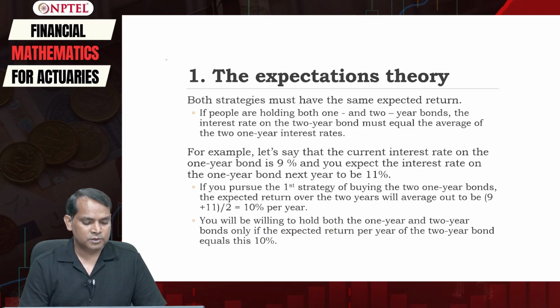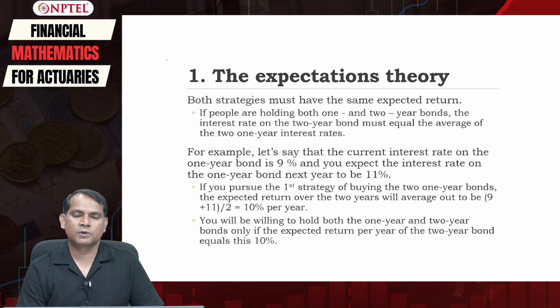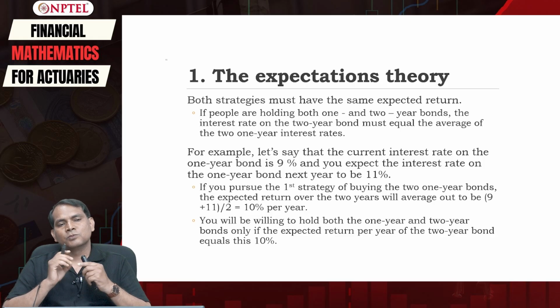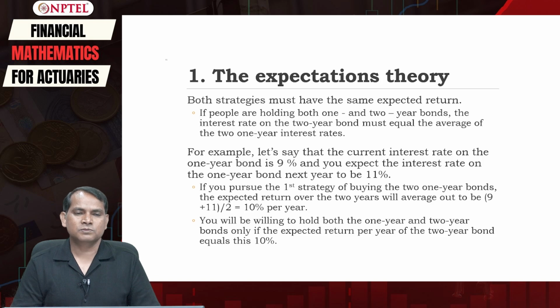So you will be willing to hold both the 1-year and 2-year bonds only if the expected return per year of the 2-year bond equals this 10%. So only if the two types of bonds give you the same expected return will you be indifferent between holding them. Otherwise, you will choose the one bond which gives you the highest expected return.